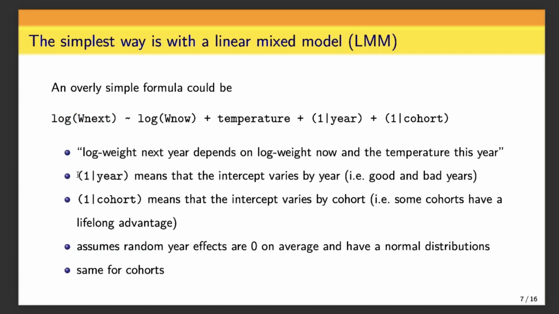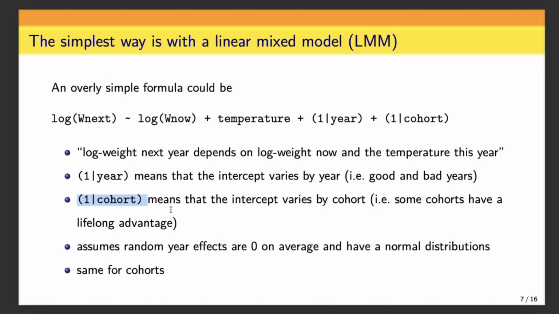And then the random effects here, we're saying this random effect of year means that the intercept varies by year. There are good and bad years. So for all age classes and for all cohorts, there will be years when they're all above average in their growth rates and years when they're all below average in their growth rates. That's affecting them all in some way. And then we also have this random effect of cohort. That means the intercept varies by cohort.